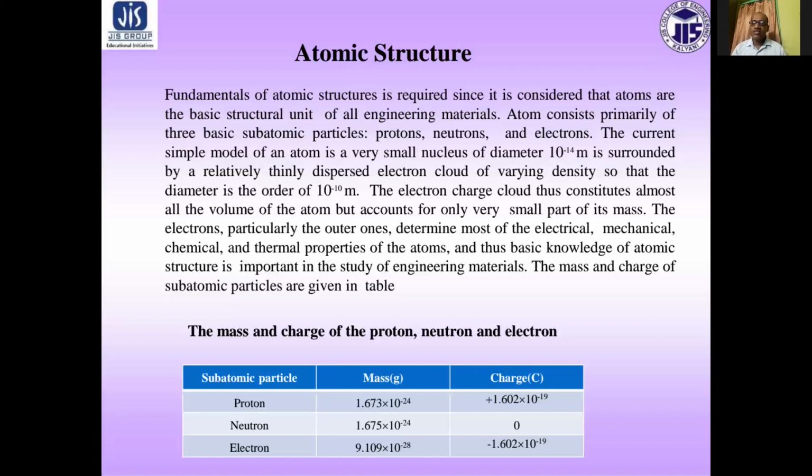The current simple model of an atom is a very small nucleus of diameter 10^-14 meters surrounded by a relatively thin dispersed electron cloud of varying density, so that the diameter is of the order of 10^-10 meter.